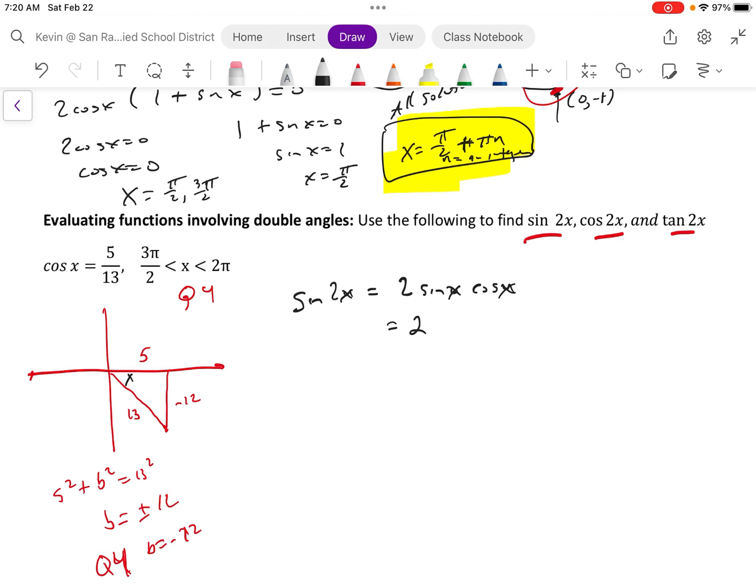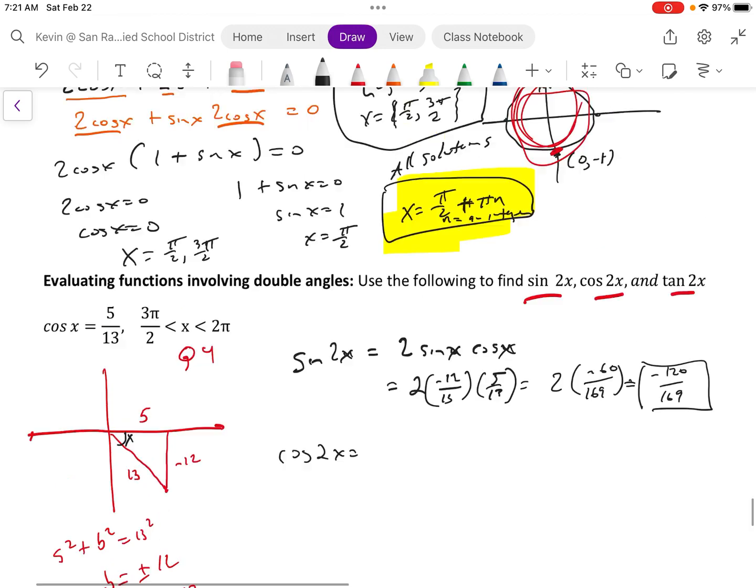Let's be consistent, x. Sine would be -12 over 13, and cosine would be 5 over 13. So this is going to be 2 times -60 over 169. So this is -120 over 169.